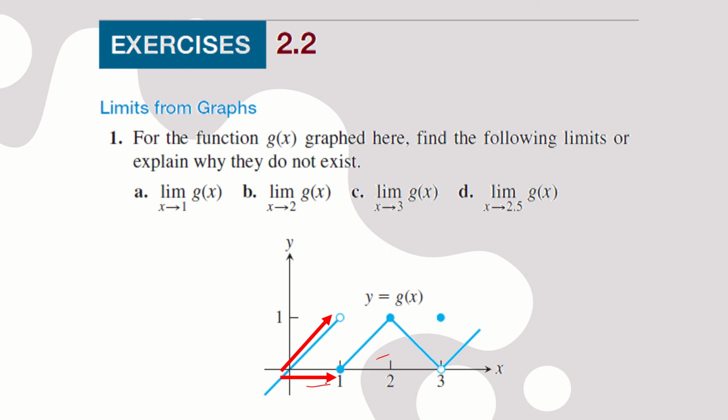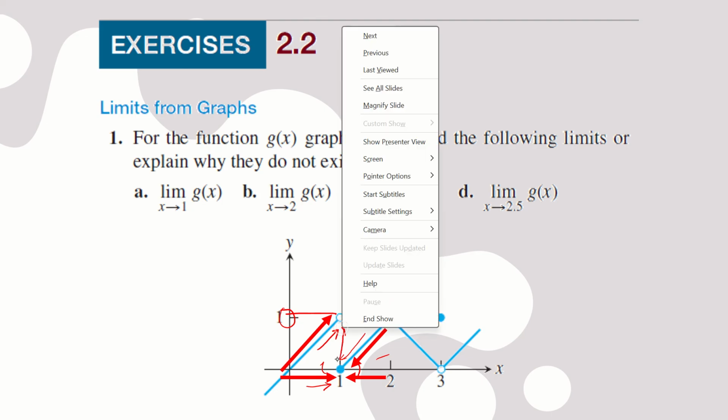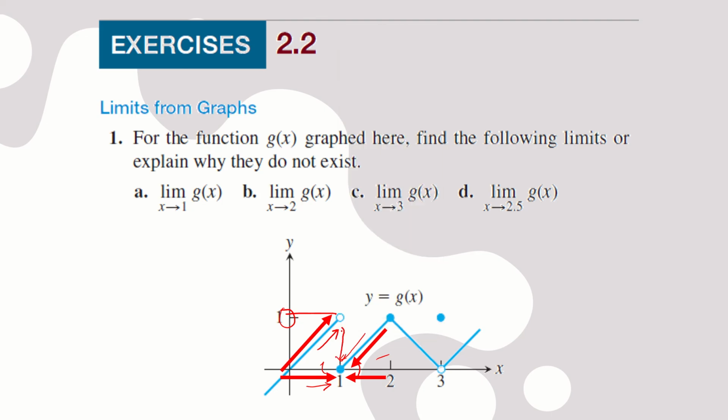As we approach x equal to 1 from the left side, the graph is approaching y equal to 1. But if you approach the same point from the right side, the graph is going towards 0. So the left-hand behavior is 1, whereas the right-hand behavior is 0. In other words, we are saying that the function has a jump at this point, and as I said, if there is a jump at a point, the limit of the function will not exist. So in this first part we say the limit does not exist.